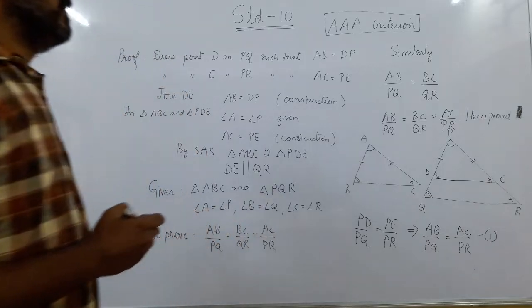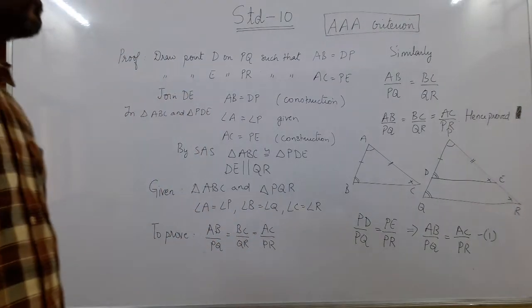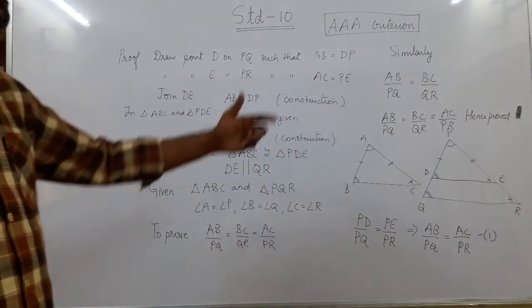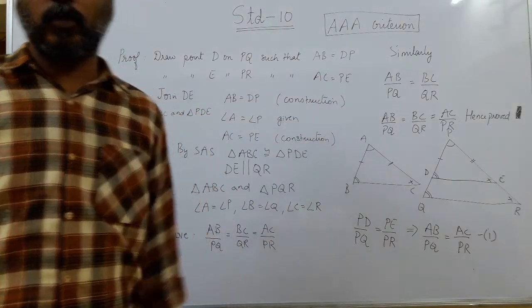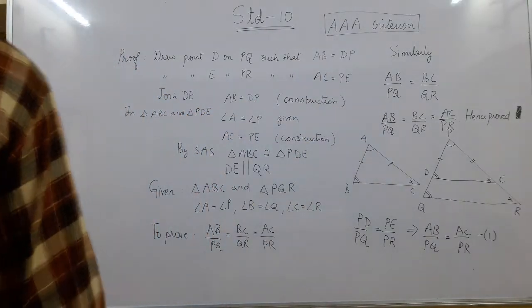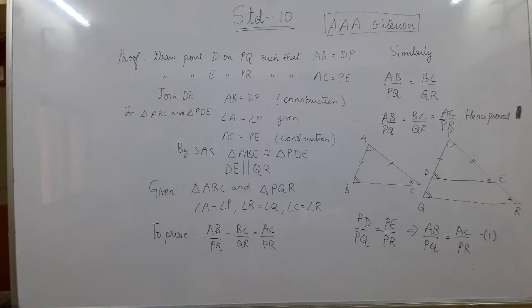The AAA criterion means if the corresponding angles of two triangles are congruent, then the sides will be in the same ratio, and because they are in the same ratio, they will be similar. Or the other way around, if the corresponding angles are congruent, the triangles are similar, and so they are in the same ratio. I hope this theorem is clear to you, because we'll do sums based on this theorem later. Okay? Now we'll go to one more topic based on this theorem.